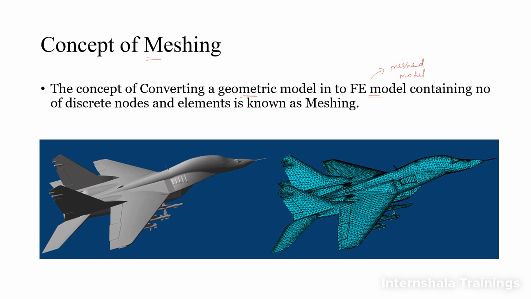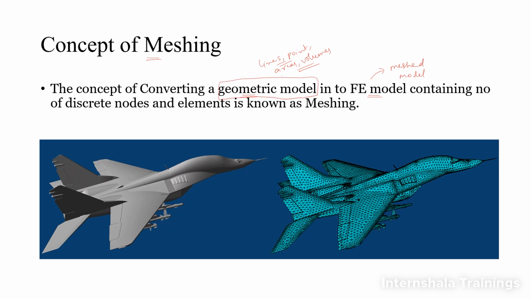A geometric model is nothing but a model which contains geometric elements: lines, points, areas, volumes. Whatever the digital model, if it is made up of lines, points, areas, volumes, vertices and other kinds of geometric entities, it is called a geometric model.